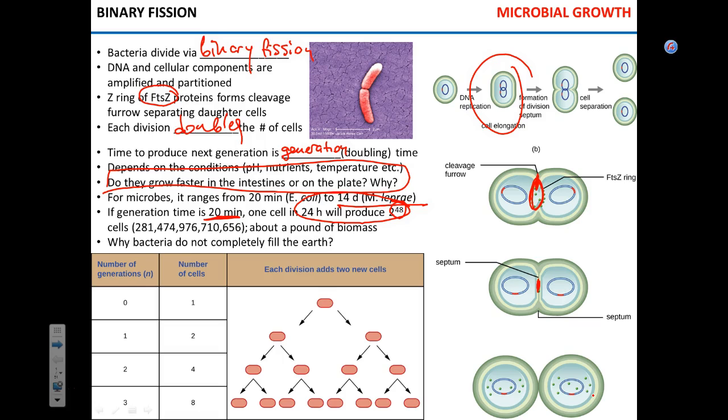Always. Even in the human gut. Only on the plate they're not limited by nutrients. And look at this. The plates that you just threw away, even in the plate with the most dense bacterial colony, they didn't start to spill out of the plate and grow all over the place. Because as soon as they hit the plastic, there are no nutrients. They can't grow there. Does that make sense?